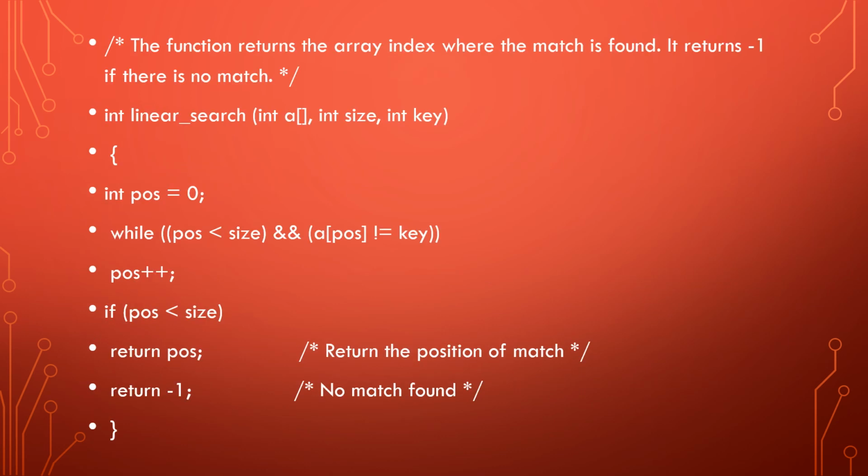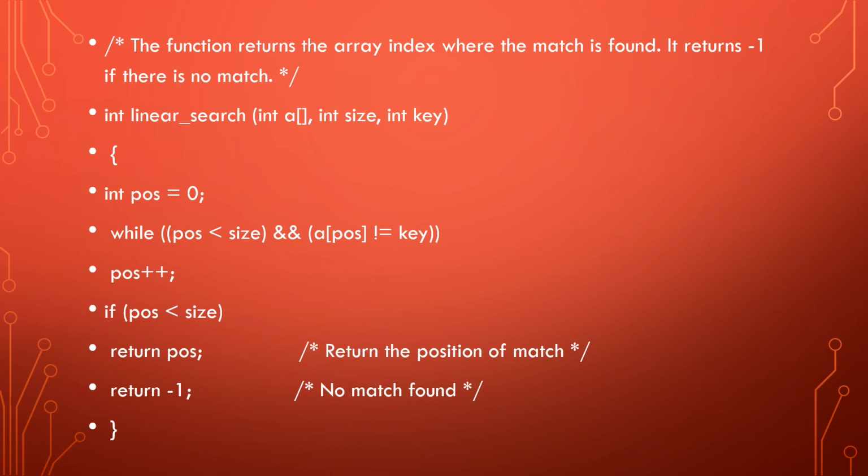Below is a function definition. The function returns the array index where the match is found. It returns -1 if there is no match. Here, we have declared a function of return type int, and the function name is linearsearch, and it accepts three arguments.